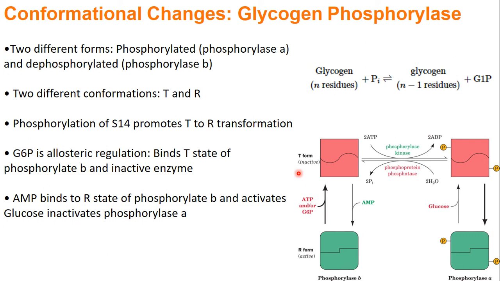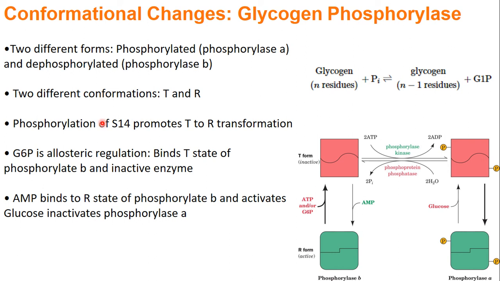Each one of these forms has 2 different states. You have a T state and an R state. So overall, you can have 4 different conformations of this enzyme. Phosphorylated in the R state, phosphorylated in the T state, unphosphorylated T state, unphosphorylated R state.